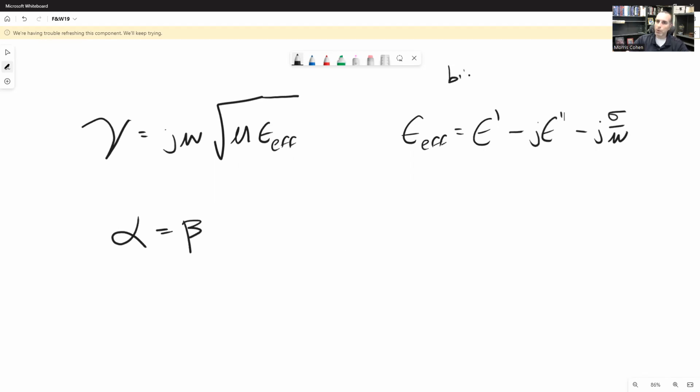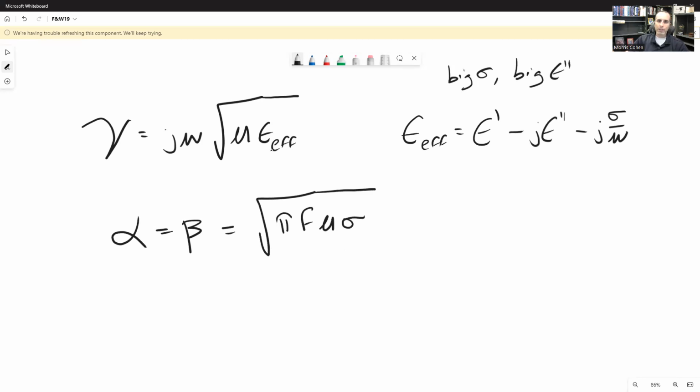So big sigma or big epsilon double prime, you'll basically get that alpha and beta have the same value. They work out to be the same. They both equal the square root of pi times f times mu times sigma.